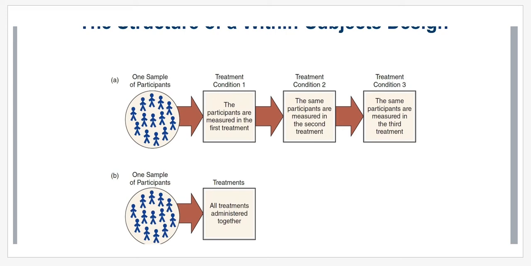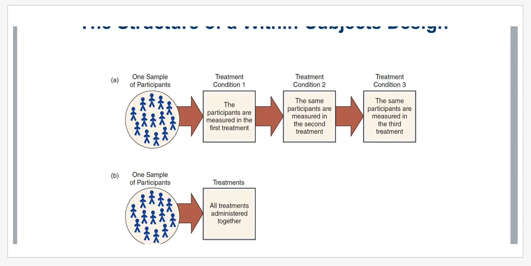And so there's some examples of that in your book, but just know that they can experience the treatments all together, all the conditions or all the levels at the same time, or they can experience them in separate chunks. But either way, all of our little blue people here are experiencing all of the treatments.